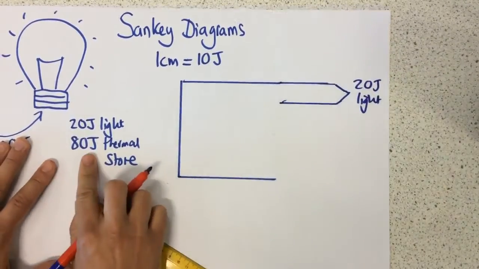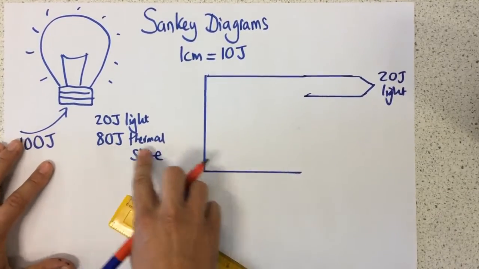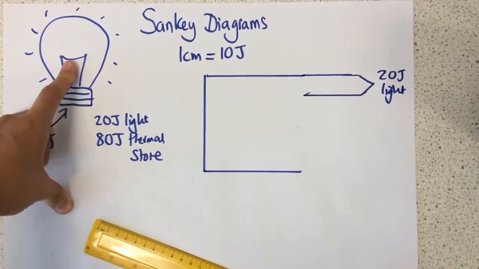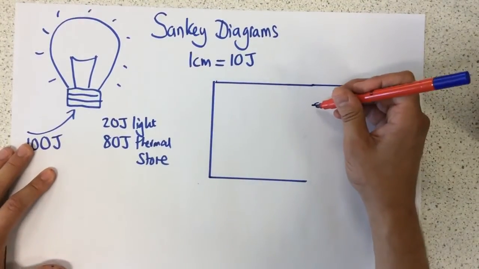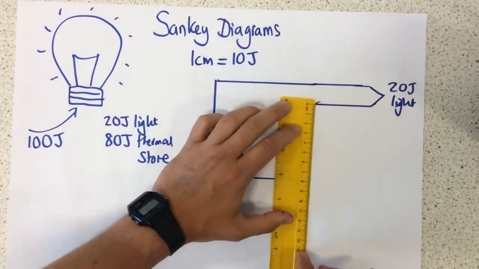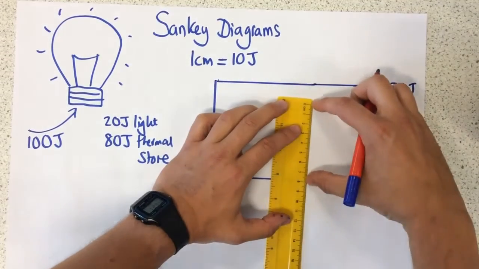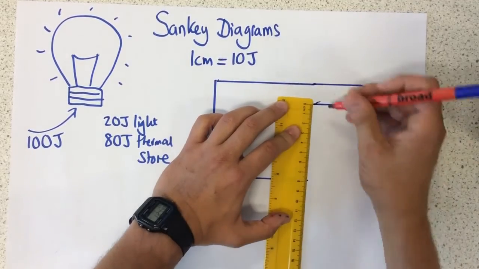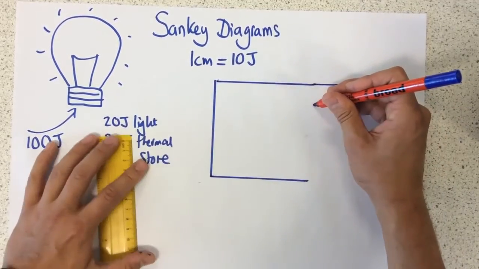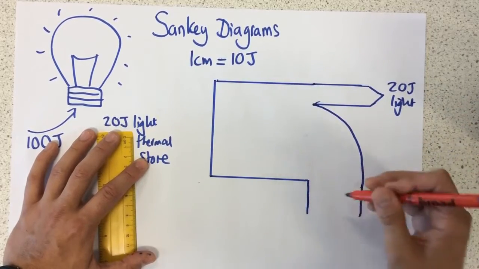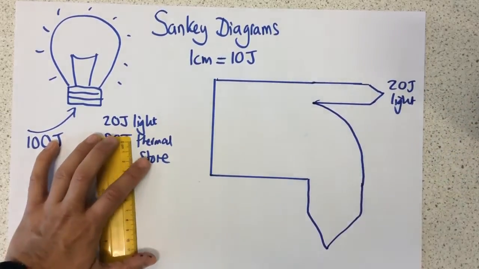Now, the 80 joules, I don't want that thermal energy. That's not something that I desire from this light bulb. So I'm going to draw this drooping down. Now, because it's 80 joules, it should be 8 centimetres wide. So there we have it. Now this is how we do it. So from this point, we should do the arrow that's going to come down like this and split like that.